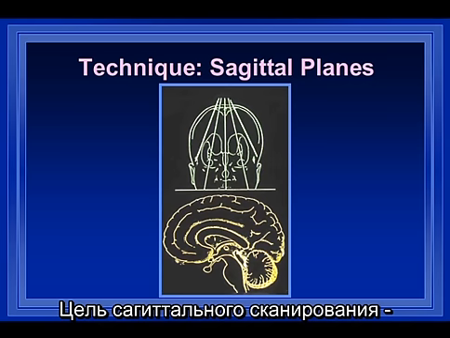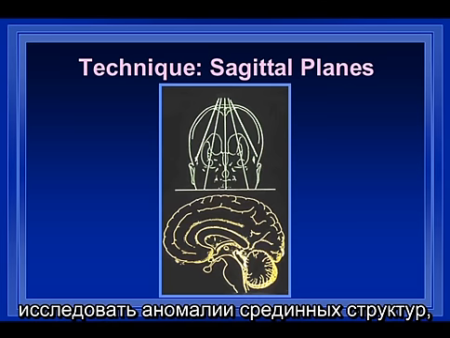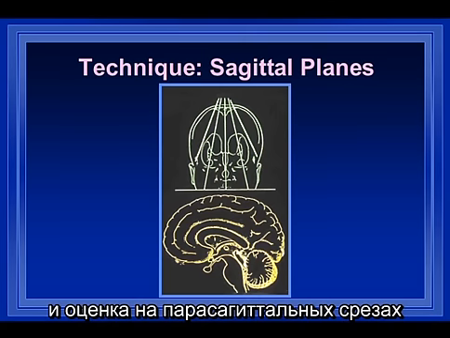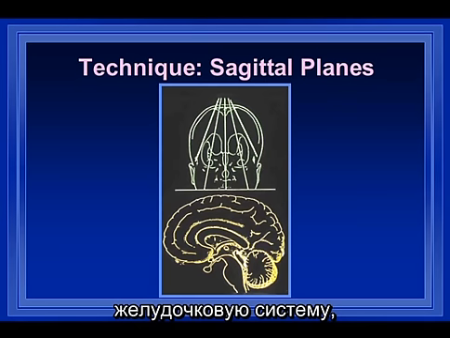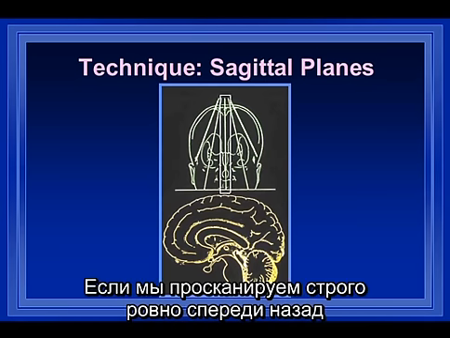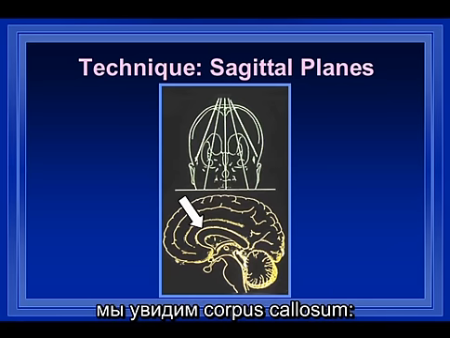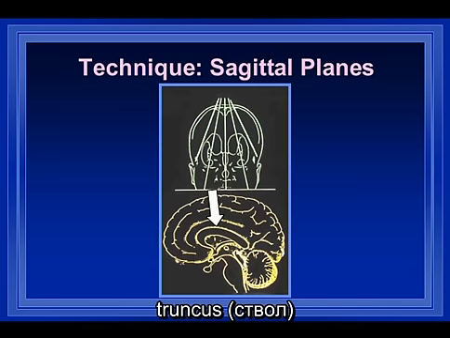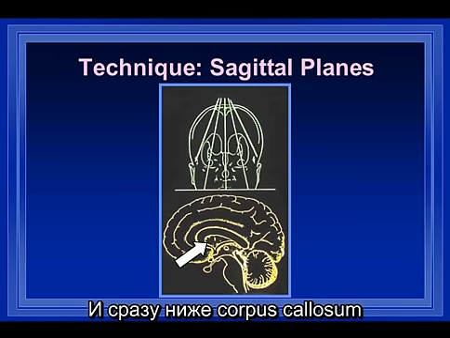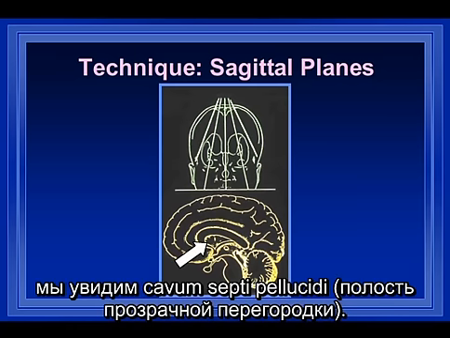The object of the sagittal plane is to examine the midline structures for anomalies and to evaluate in a parasagittal plane the ventricular system as well as the parenchyma of the brain. As we scan in a straight anterior-posterior or AP plane in the midline, we will see the corpus callosum, the genu, the body, the splenium, and just below the corpus callosum we'll have the cavum septum pellucidum.